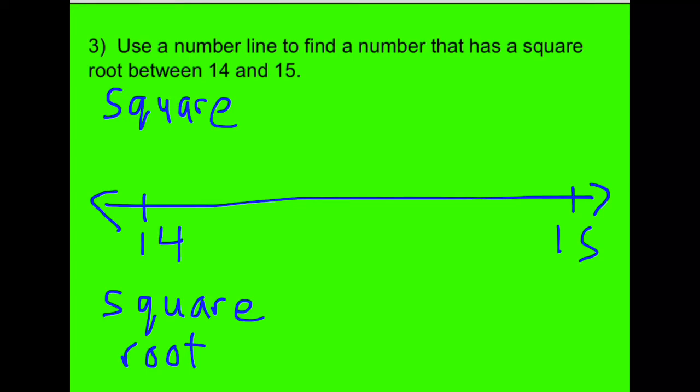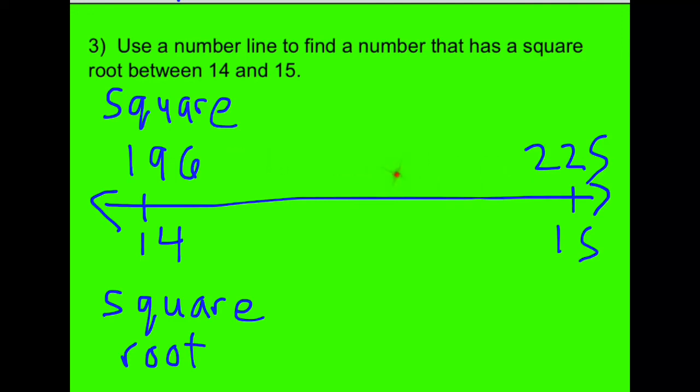The square of 14 is 14 times 14, which is 196. The square of 15 is 15 times 15, 225. Now that means any number that falls in this area that the little highlighter's going through will have a square root between 14 and 15.